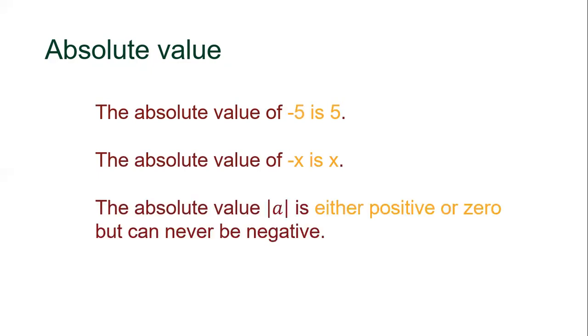This is the symbol for absolute value: two bars with a number in the middle. It is either positive or 0, but can never be negative. If you want to know more about absolute values, there are links in the transcripts.